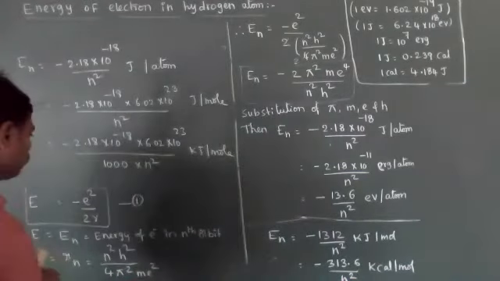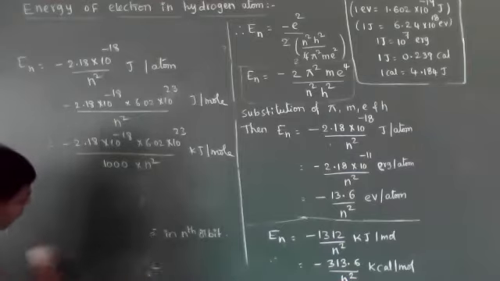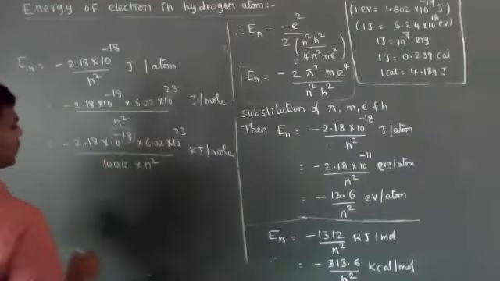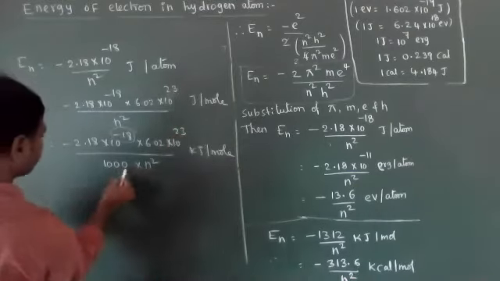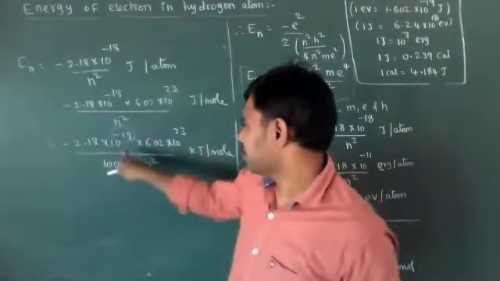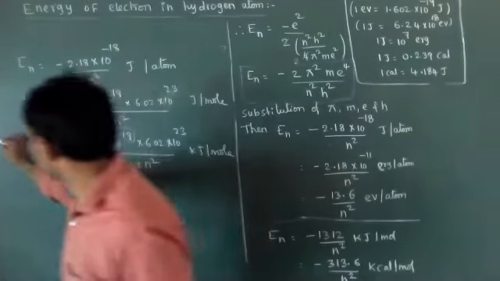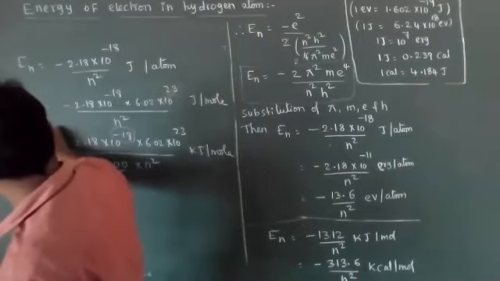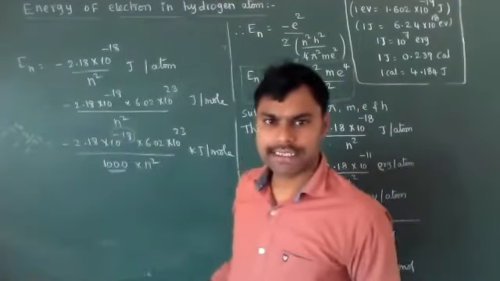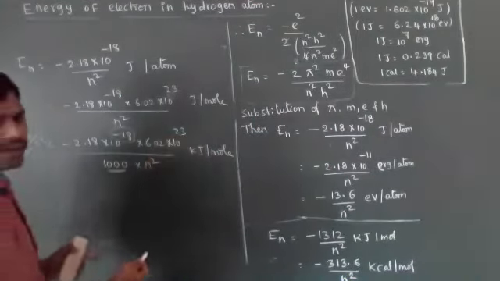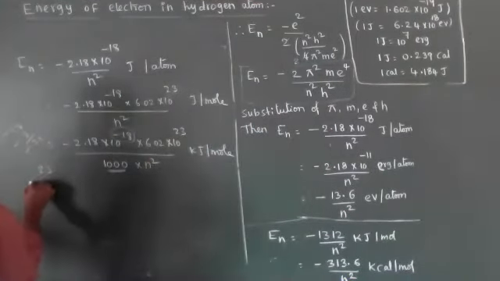If simplified, 10 to the power of minus 18 is present, here 10 to the power of 23, and this 1000 means 10 to the power of minus 3. Minus 18 minus 3 is equal to how much? Minus 21. Already 23 is present, so 23 minus 21 is nothing but 2.